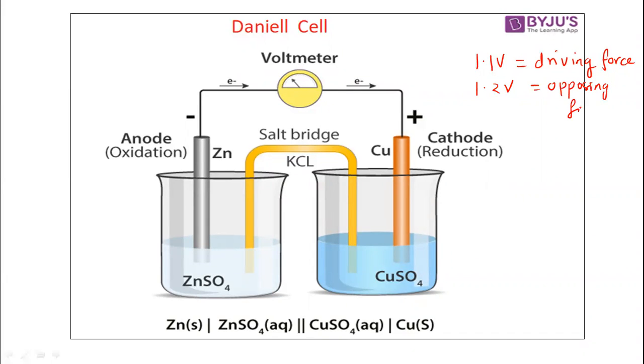What happens? Suppose we connect a battery to this cell and supply electricity to the cell. Externally, we can connect the two electrodes with the battery, and that battery can supply electricity to the cell. So the external EMF is 1.2 volt, and the cell itself generates an internal EMF of 1.1 volt.